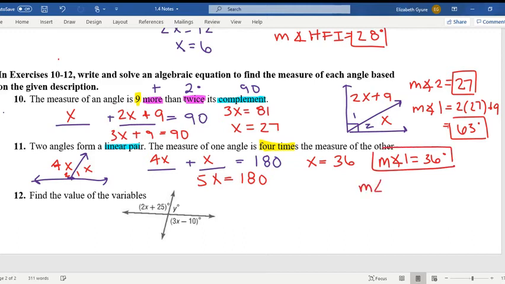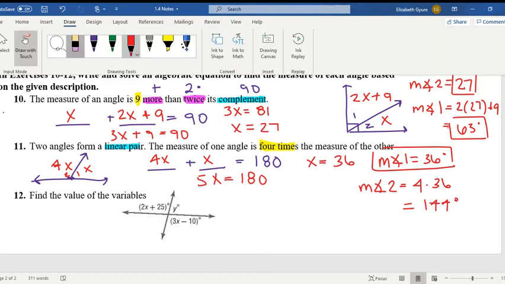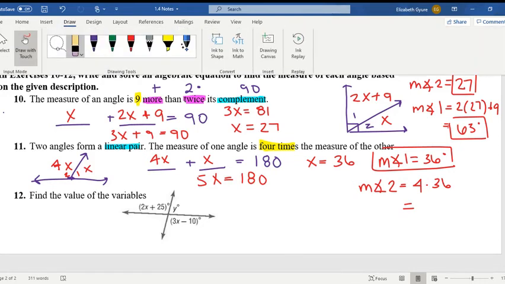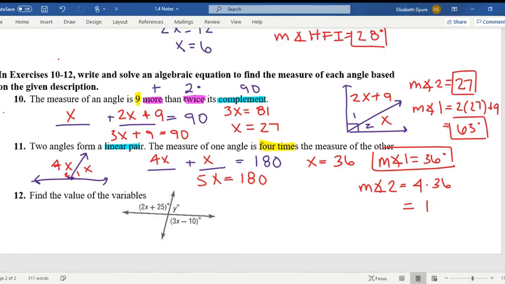And then the measure of angle 2 is 4 times that, which is going to be 144. And it's kind of easy to double check because you got to make sure they add to be 180. If they don't add to be 180, you did something wrong. And 36 plus 144 does add to be 180, so you know you're good.